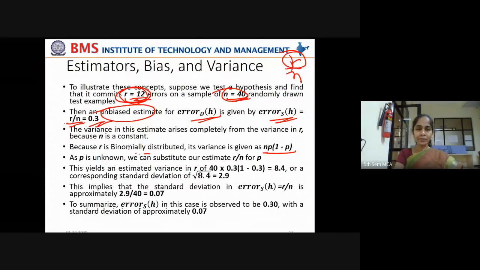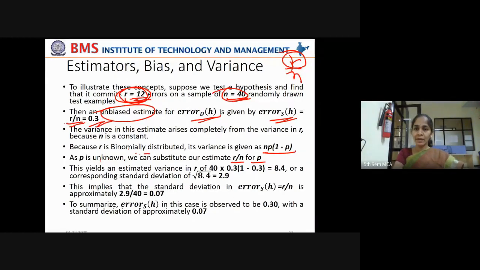Okay. Now, as P is unknown, do you know the probability of the number of prediction errors that may be made in a sample when you are picking the sample? No, P is unknown initially. As P is unknown, we can substitute our estimate R by N for P. Because we don't know P, we are assuming that your sample error is equal to the true error.